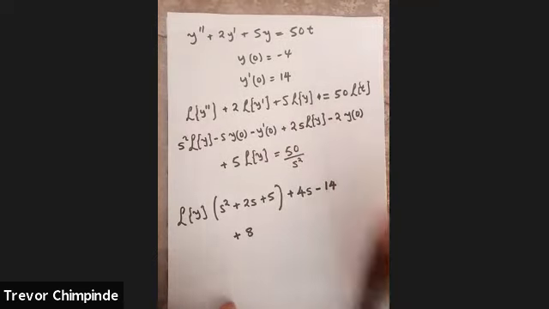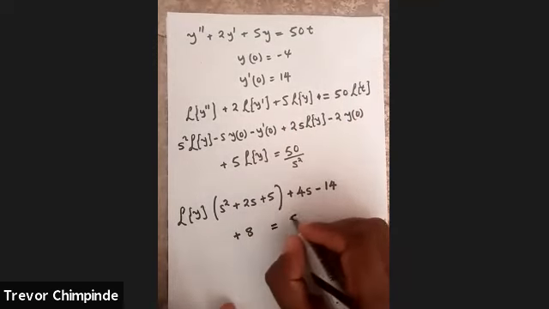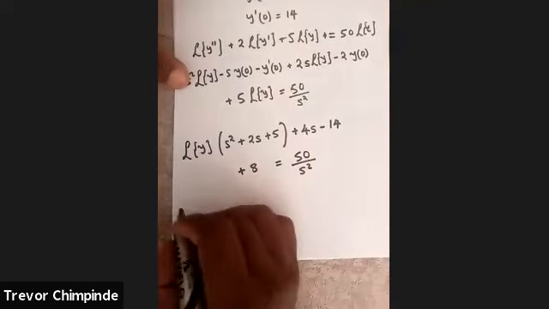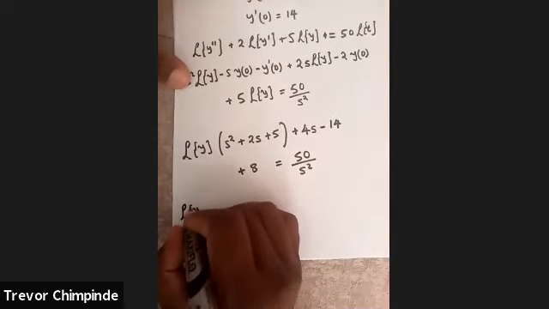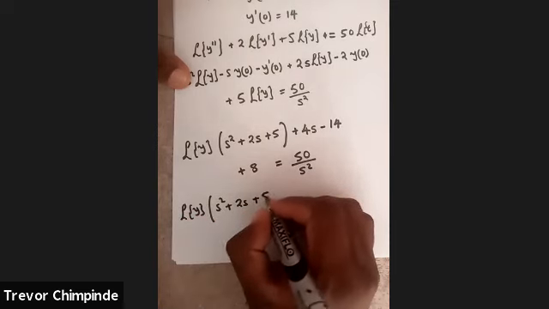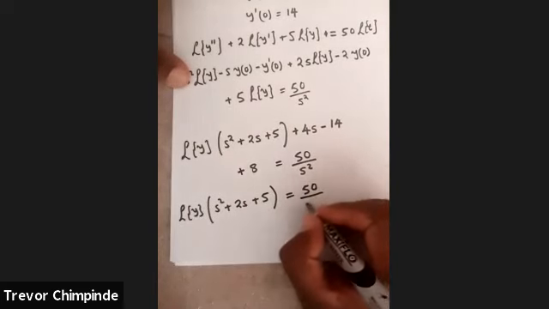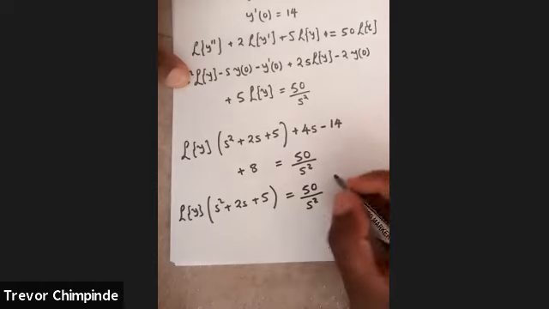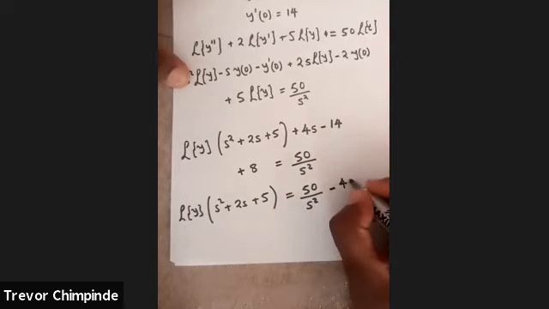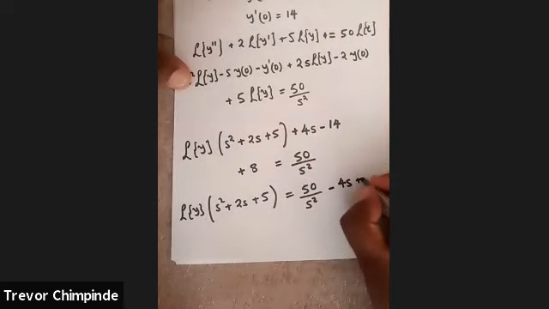Yes, plus 8. Yes. And then is equal to 50 over s squared. So this is Laplace of y, and then s squared plus 2s plus 5 is equal to, I take this to the other side, so it's 50 over s squared, then minus 4s, negative 4 plus 8 is negative 6, so this will become plus 6.